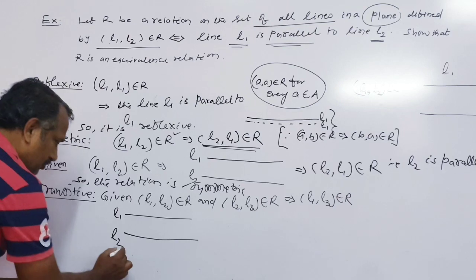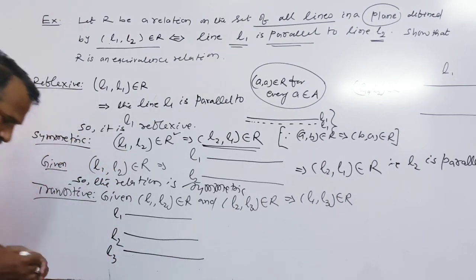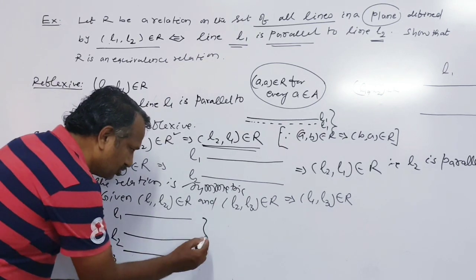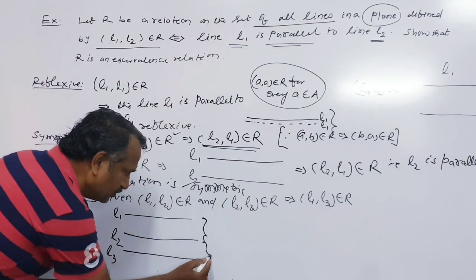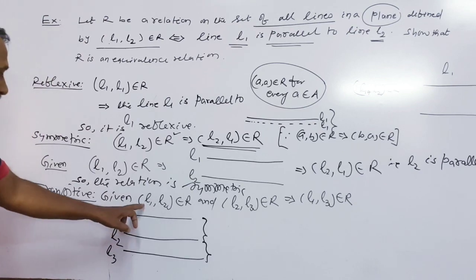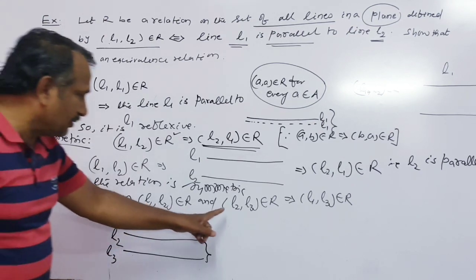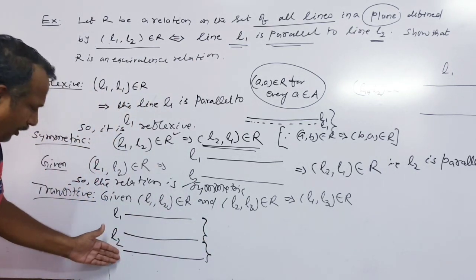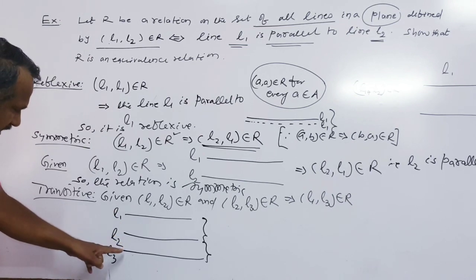Suppose this is L3. From the first one we have these two, from the second one we have these two. If you combine these, L1 is parallel to L2, and L2 is parallel to L3.